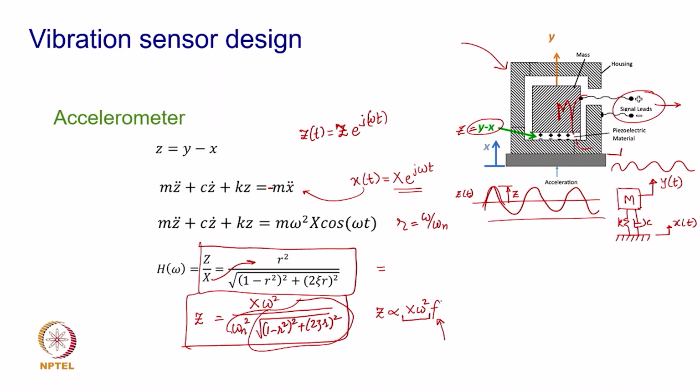Let us worry about this factor a little later, but I can definitely say that it is proportional to capital X omega square. Now, what is capital X omega square? If your x is capital X e to the power j omega t, then x double dot is minus X omega square e to the power j omega t, is it not? So this is basically the acceleration amplitude.